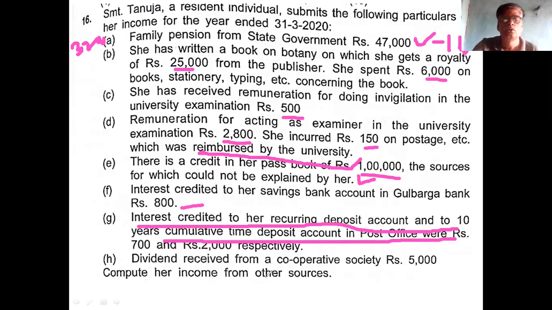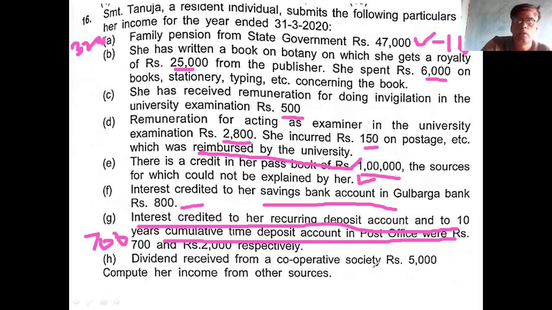So there is a 10-year recurring deposit account and a 10-year cumulative time deposit in post office. The 10-year cumulative deposit is exempted and the recurring deposit is taxable. Remember this. So 700 rupees is taxable.